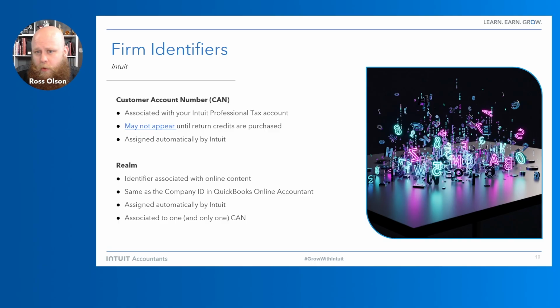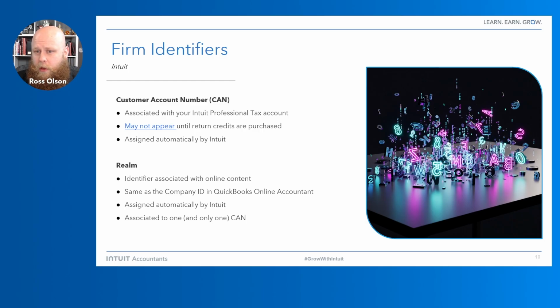You won't ever have more than one realm associated to one customer account number or vice versa. So that's something to keep in mind as well. I always mention too at the beginning, if you're just getting started, if you're not quite sure, this is an important thing to check on early on.